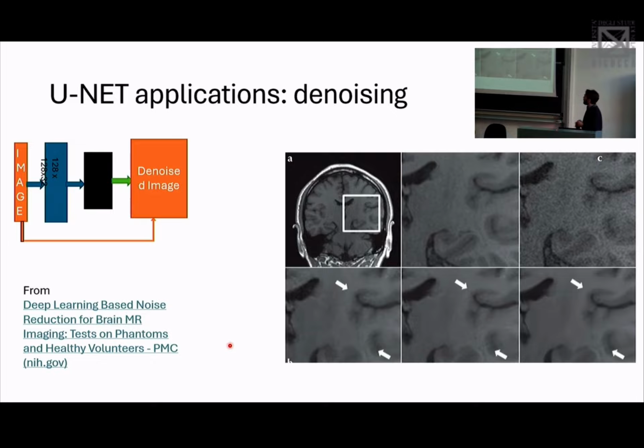But nothing prevents you from just training a network to go from this noisy image to this noiseless image. You just provide pairs of noisy and non-noisy images. You just train your network to do that.